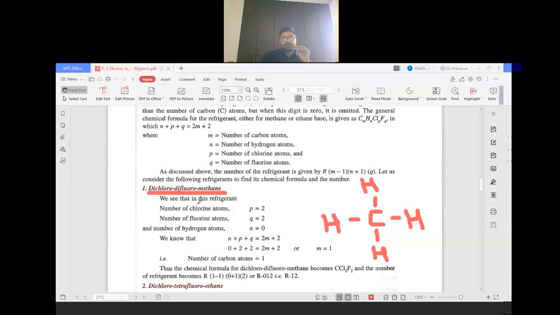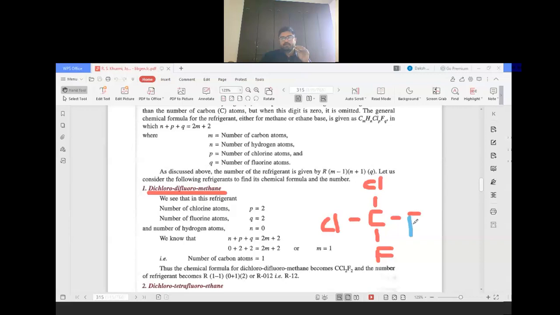Now difluoro and dichloro: dichloro means two chlorine atoms take two places, and difluoro means two hydrogen places are taken by fluorine. So what will be our formula?